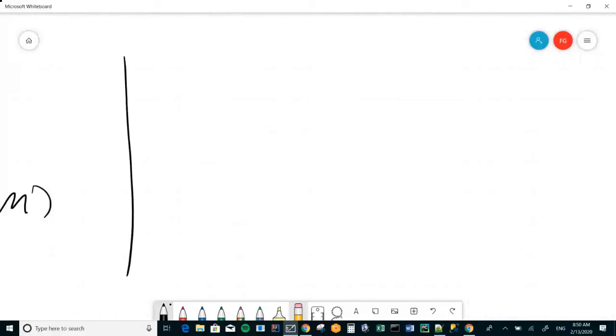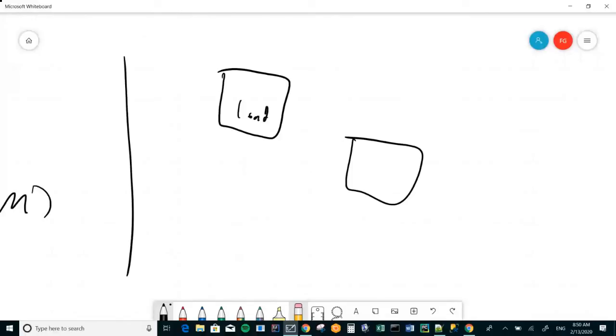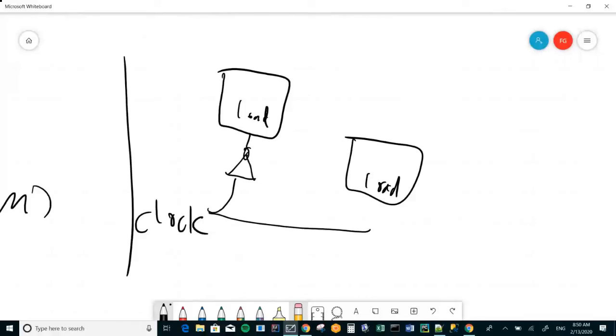So thinking back to the D flip-flop, you might remember that it consisted of 2 D latches, right? And so the loads on the D latches are wired to the CPU clock. So the clock goes through a NOT gate into that one and then just goes directly into that one, as you might remember.